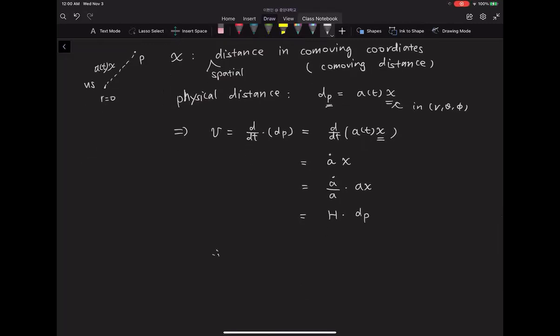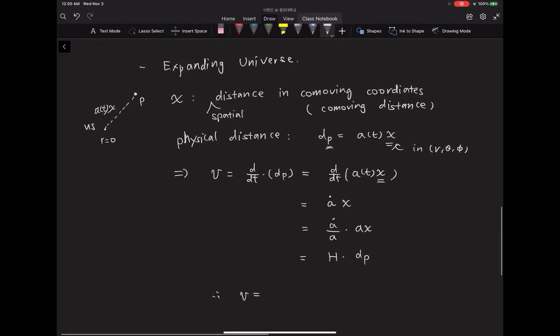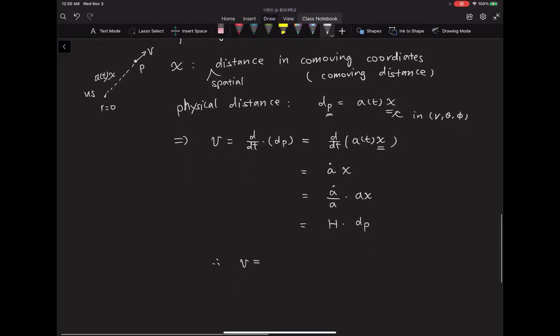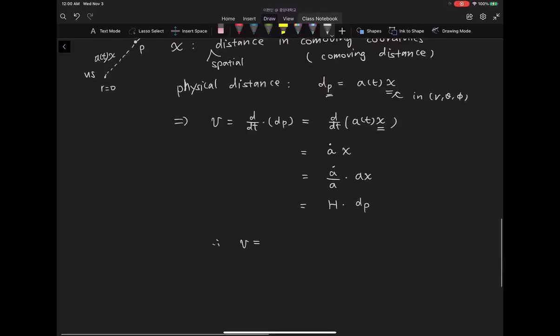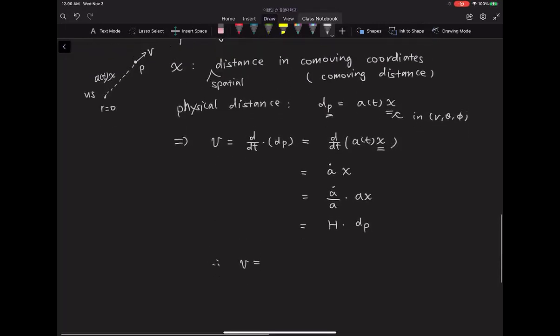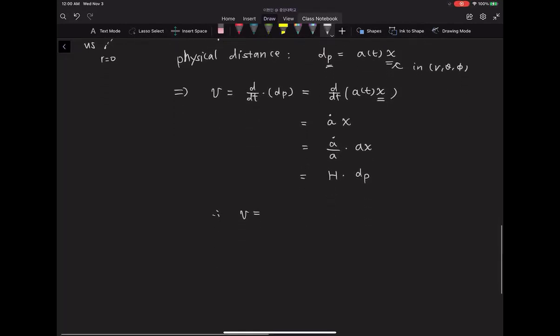So therefore, the velocity v, moving away from us, is due to the expanding universe. So for instance, a galaxy located at P will be receding from us with a velocity v, which is determined by this formula.